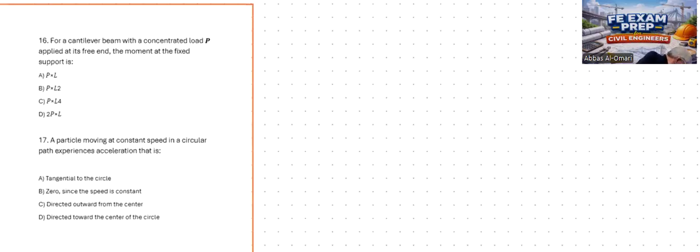For a cantilever beam with concentrated load P applied at its free end, the moment at the fixed support.